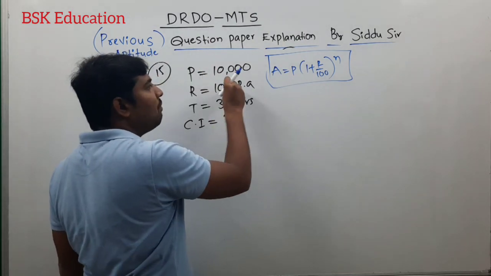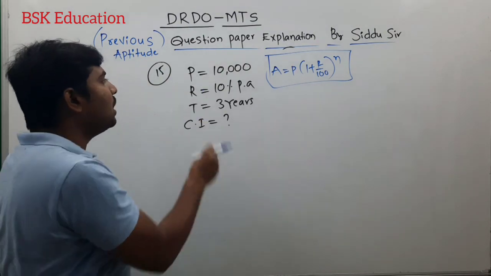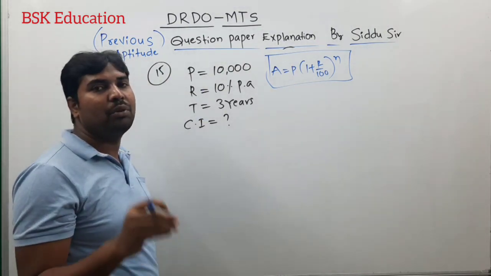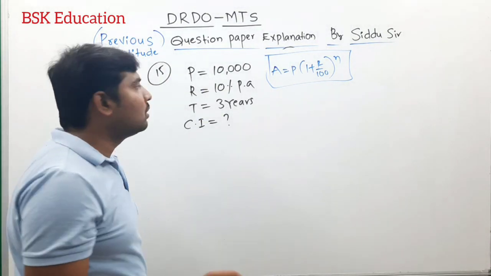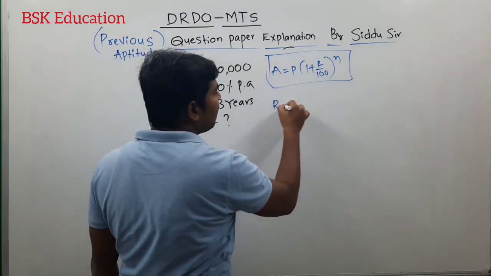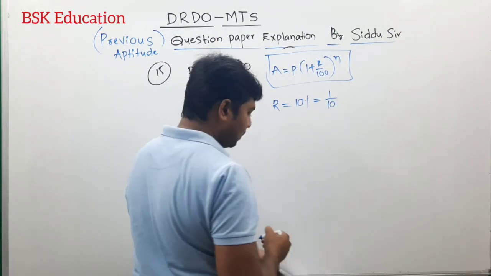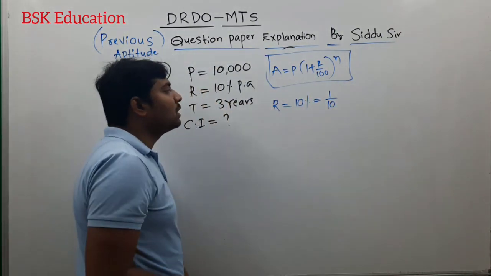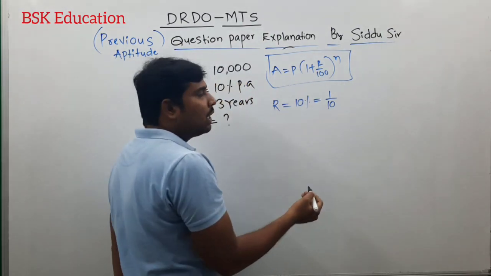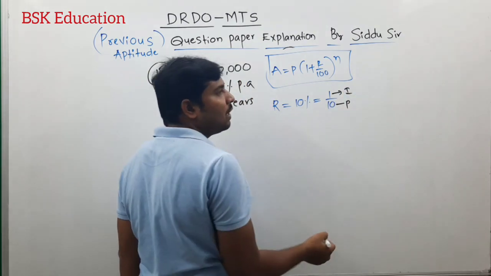So whenever the questions are asked on the compound interest, you have to take the percentages. Take the rate of interest 10%. 10% is nothing but 1 by 10. Take rate of interest 10% is nothing but 1 by 10. In the 1 by 10, this is the principal amount, this is the interest.